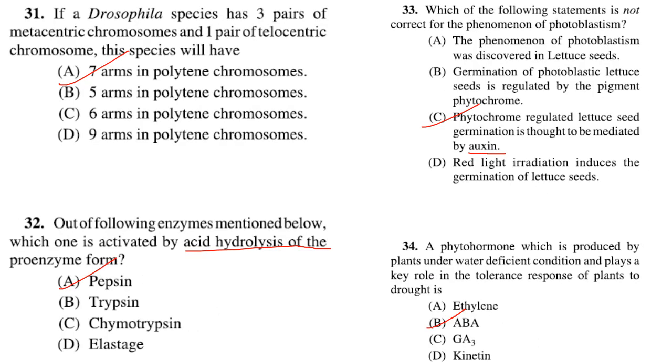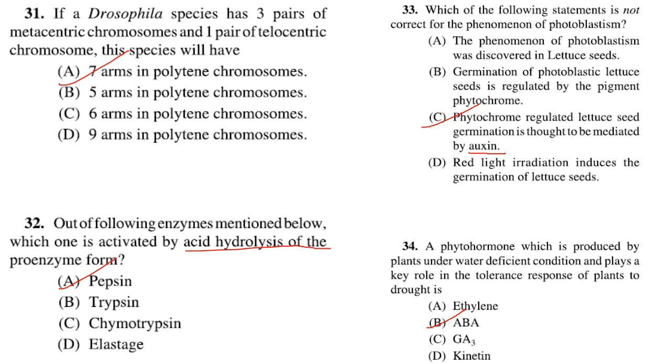Then, a Drosophila species has 3 pairs of metacentric chromosomes and 1 pair of telocentric chromosome. This species will have... Telocentric means the centromere is terminally situated so that there is only one chromosomal arm. So 1 pair of telocentric chromosome means one chromosomal arm, and 3 pairs of metacentric.